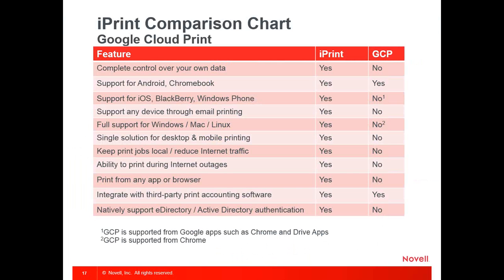You don't have to rip everything out. And we ran them side by side for a while, and our goal was just to use the appliance to do the mobile printing and leave the desktop printing on the OES server. But after we ran that appliance for probably a quarter of the school year, we said, why are we running two systems? So we moved all of our desktop printing over to the appliance as well.